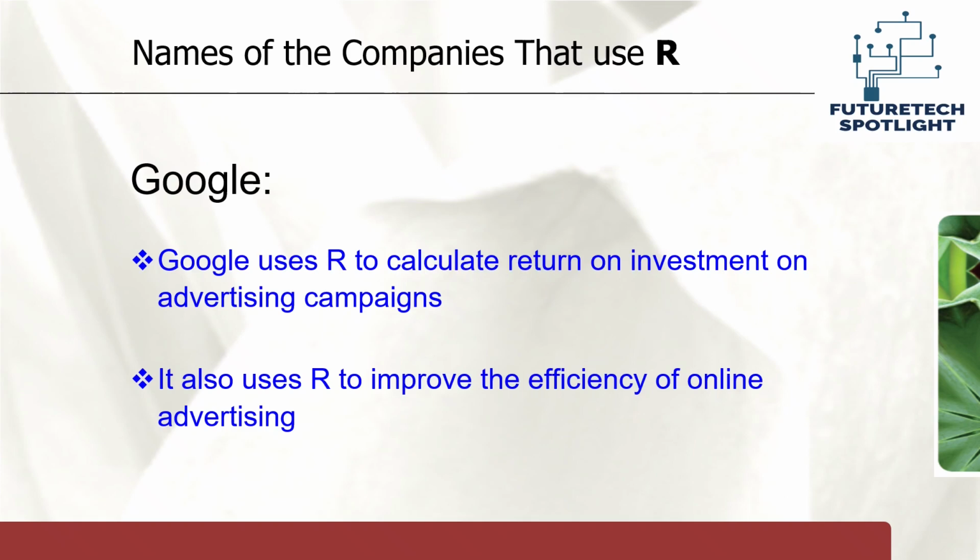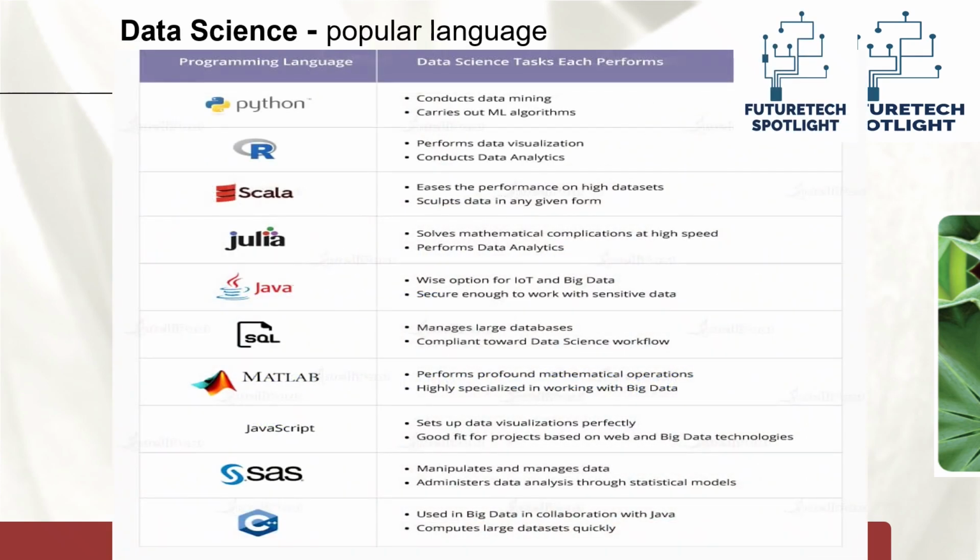Now if we talk about popular data science languages, or machine learning languages, where we can easily implement machine learning algorithms, the most popular language is Python. Python is the first popular language, and then R is the second popular language, and it is basically used for data visualization and data analytics.